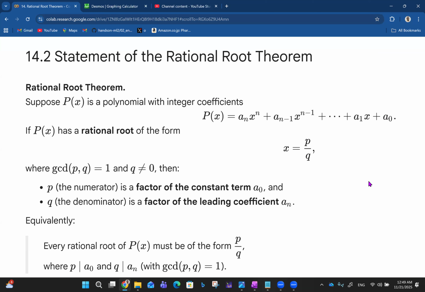And that is why, to get the roots of a polynomial, we always like to look at a naught over an. That will give us a clue as to what the possible roots of the polynomial can be.